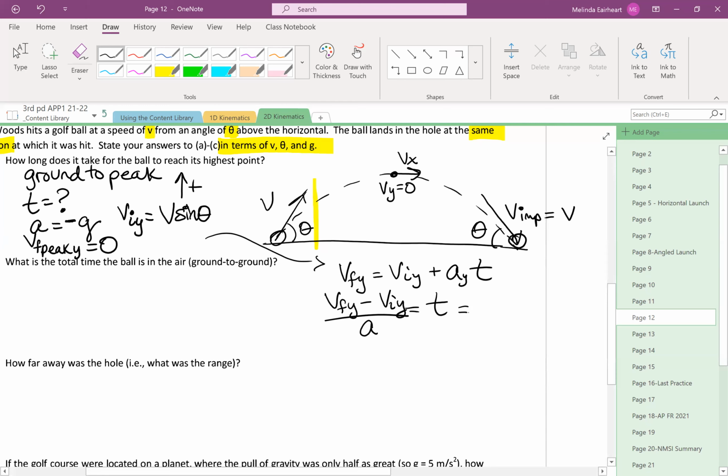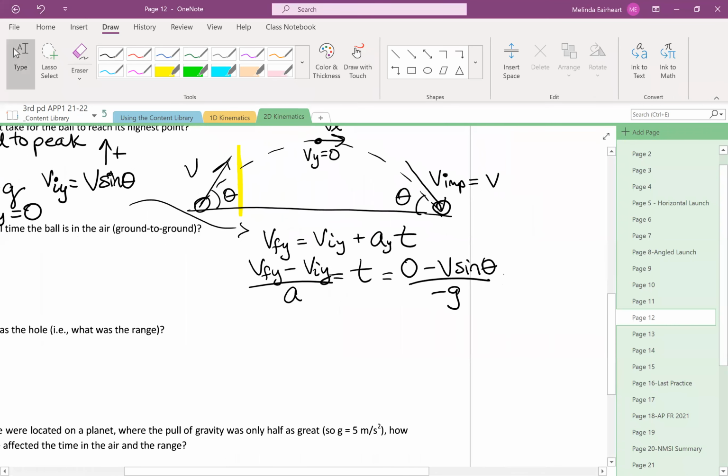Plug in what we know, 0 minus V sine theta over negative G. If you didn't appreciate sign convention, you'll end up with a negative time, and that's just never good, right? And so here it would reduce to just V sine theta over G.